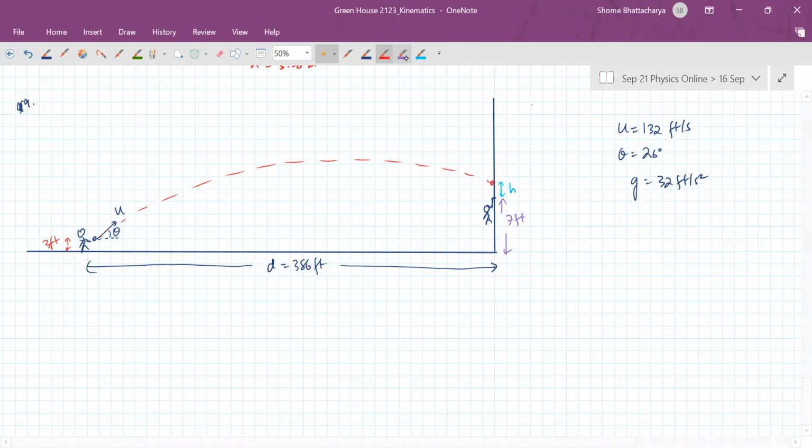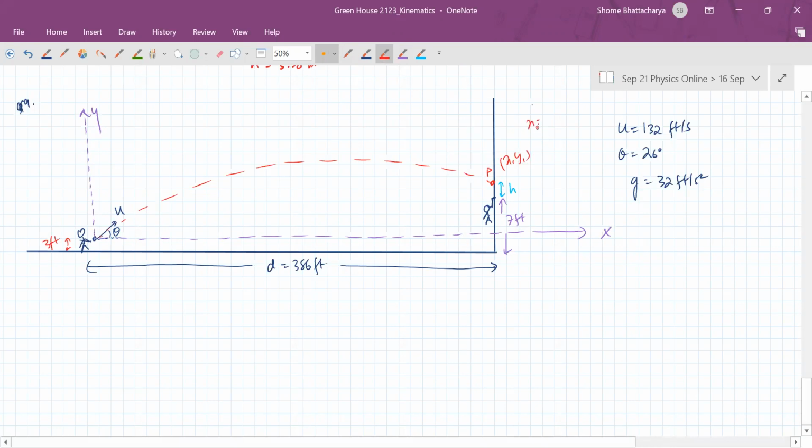To find this gap, first of all, we'll have to set our coordinate frame. So this should be our x-axis, and this should be our y-axis. Therefore, at this point, let's say the coordinates are x1, y1.